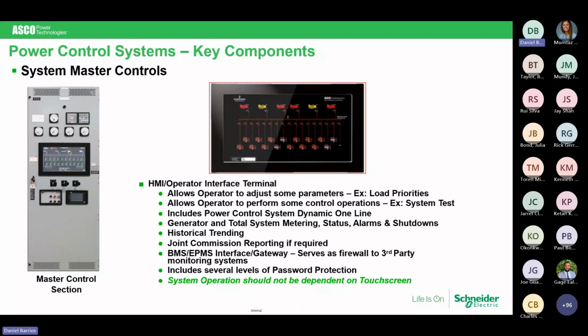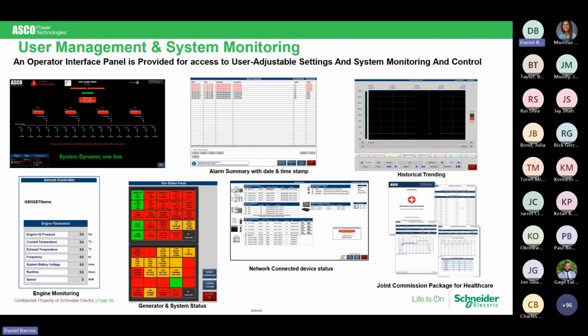We need to know, can we get on their system or do we need to stand alone or such? There are different levels of password protection so that not just anyone can get into changing things. If we lose our screen, we do not lose functionality. You may lose some visual, but you do not lose any functionality of the paralleling gear.